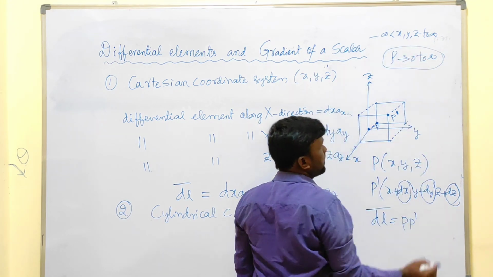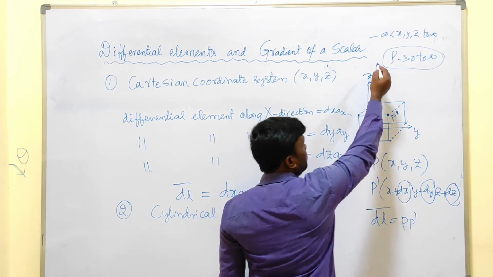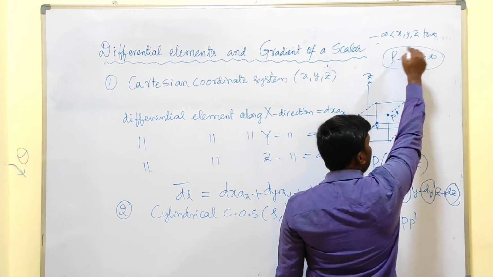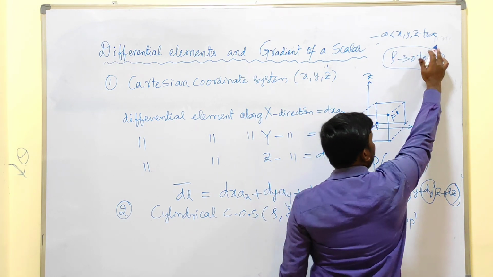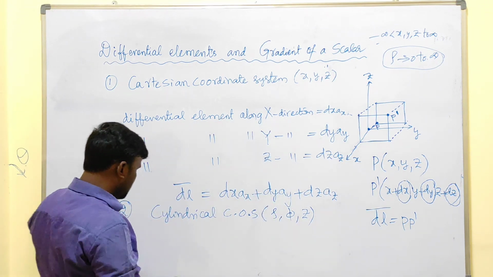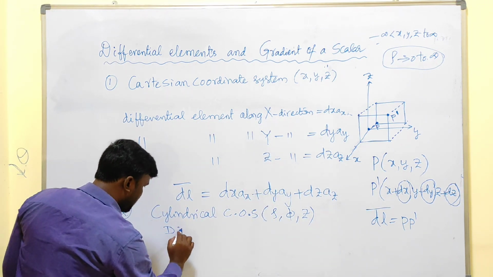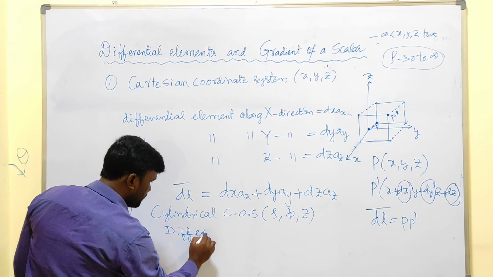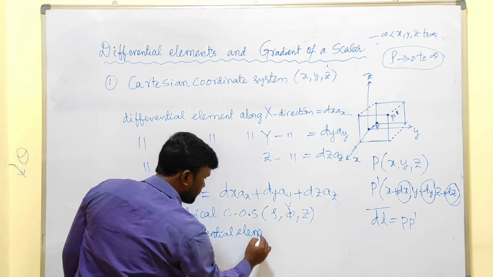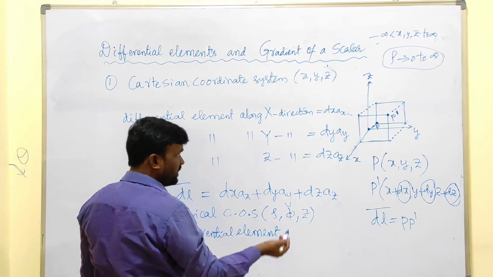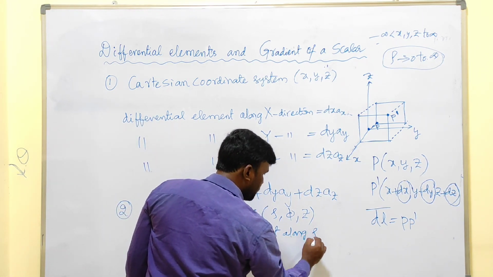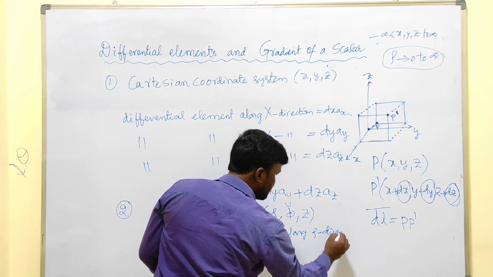Suppose x is varied from 0 to infinity. In that case, within the range minus infinity to plus infinity, we will get 0 to infinity. That's why the differential element along rho direction is similar to x.